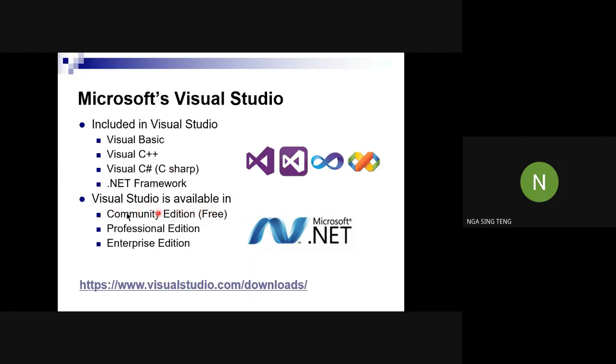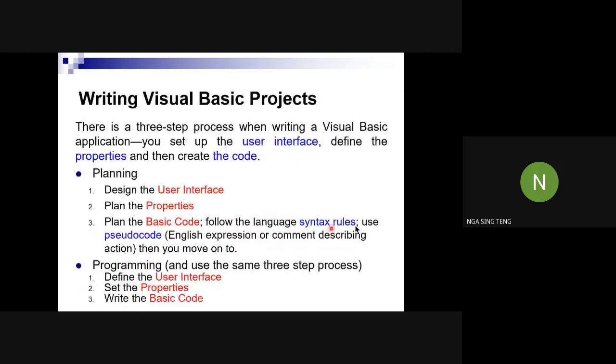Community edition is the one you can always get for free. So I hope all 3 of you already installed it, and make sure Visual Basic is inside. I posted some material inside our group. Okay. So writing Visual Basic projects here.